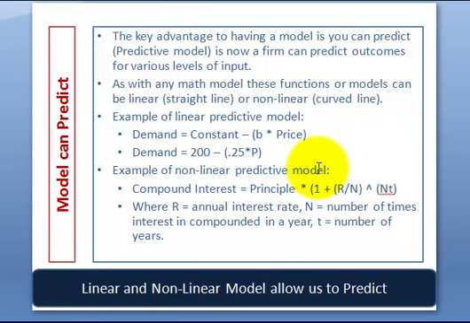An example of a nonlinear model might be compound interest, where you have principal times 1 plus the annual rate divided by the number of times compounded, raised to the number of times compounded times t, the number of years. If you're not familiar with this, in simple language, nonlinear functions have exponents other than 1. Linear has an exponent that usually isn't shown because it's an exponent of 1.